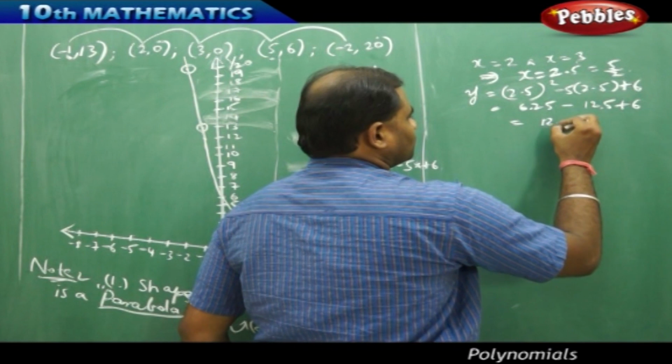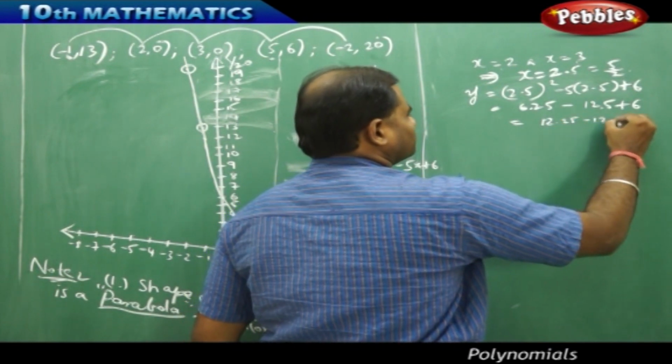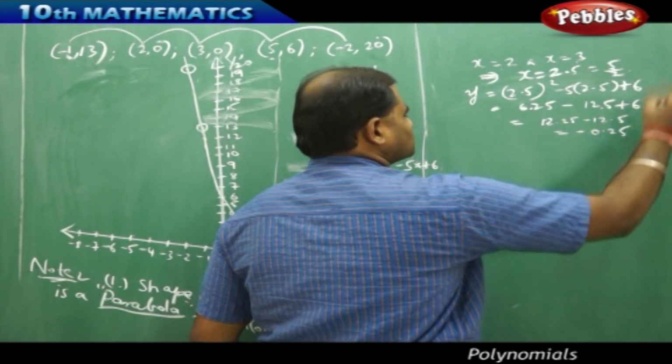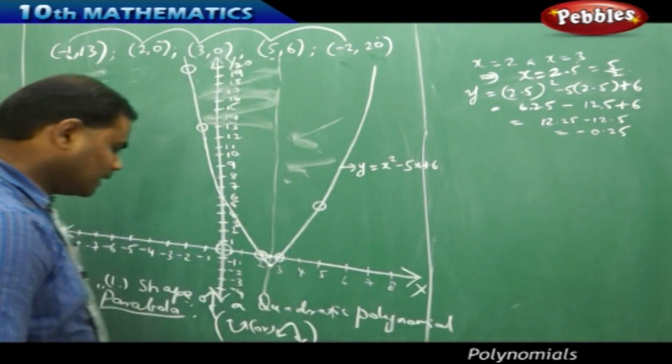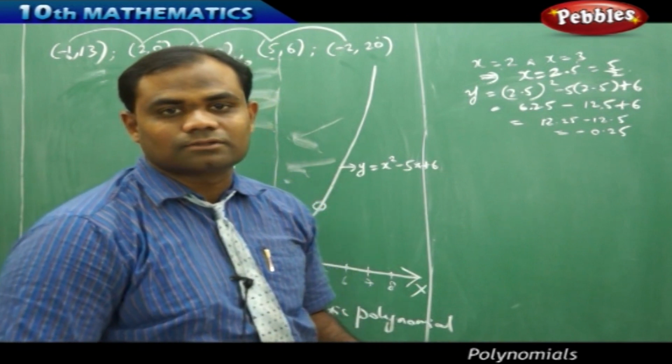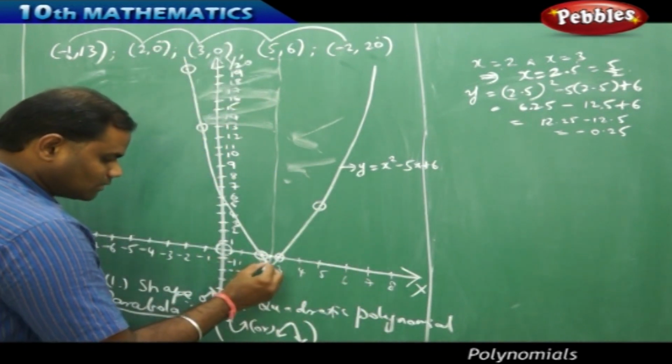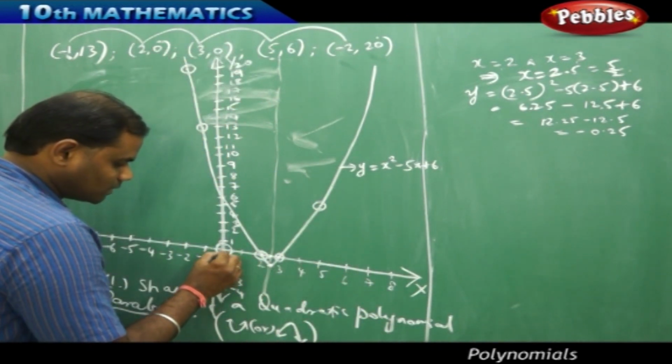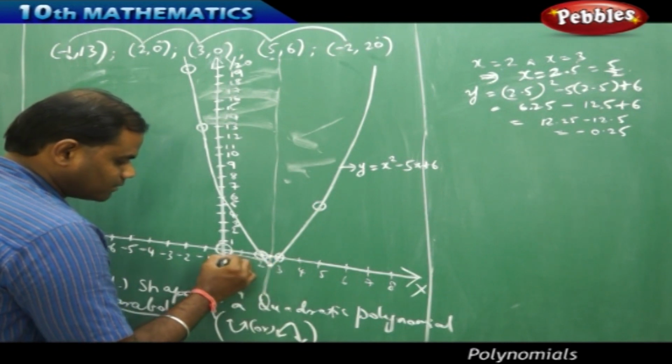This would be 12.25 minus 12.5, which is negative 0.25. Therefore, I understand that this graph moves exactly 1/4 downwards into the negative part. Minus 1/4 is exactly, if this is minus 1, this turns somewhere here.